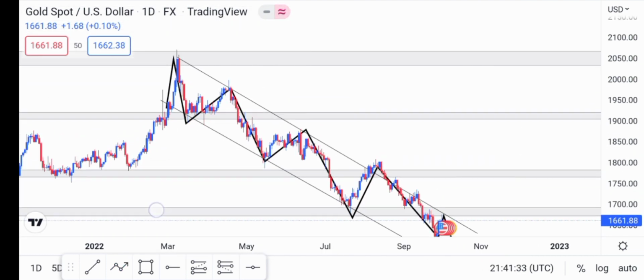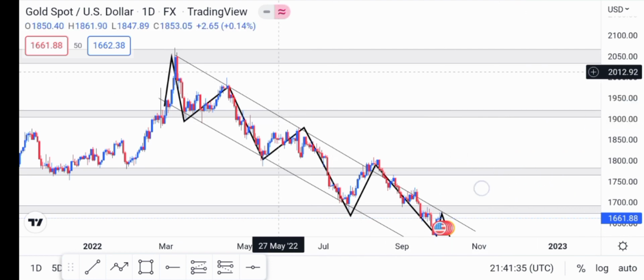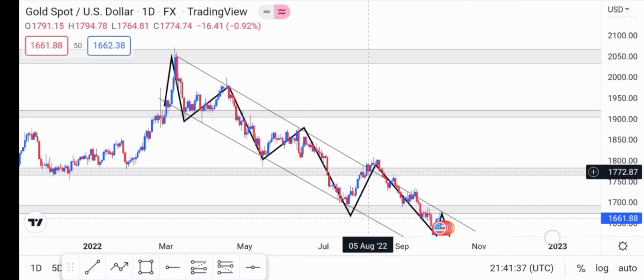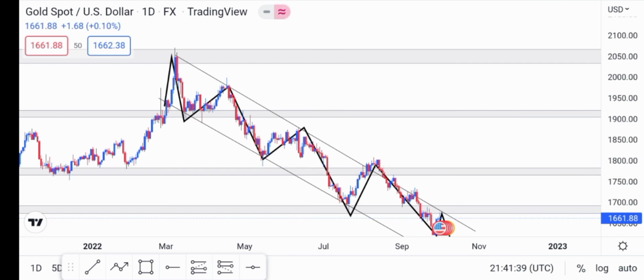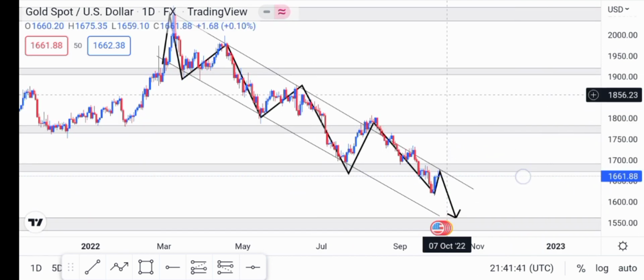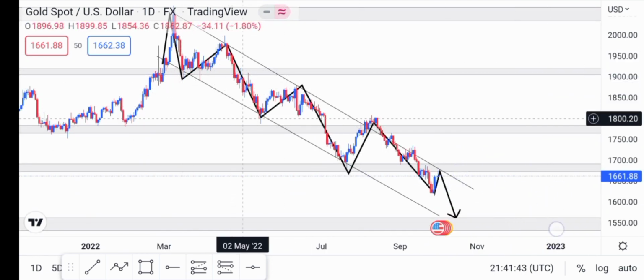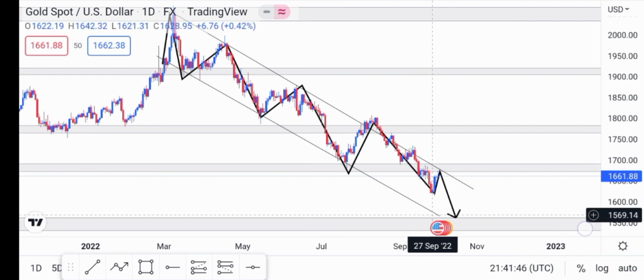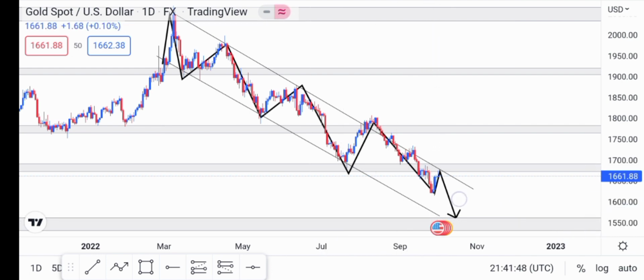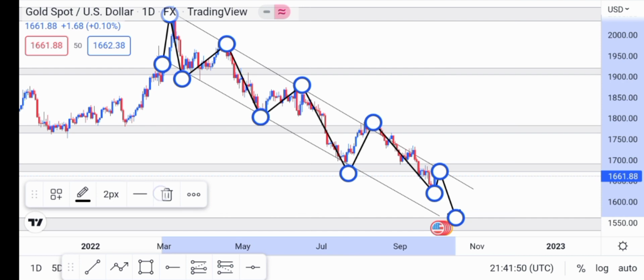So as you can see, here's a first touch, second touch, third touch, fourth, and this will be a fifth touch. And on the lower end we have first touch, second touch, third touch, anticipating a fourth touch around this area here. So let us move to the 4-hour time frame.